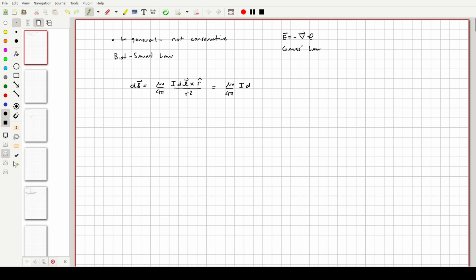It looks a lot like the other one, except it's a little bit more generalized. And we've seen something that looks like this when we talked about Coulomb's law and the electric field as well.